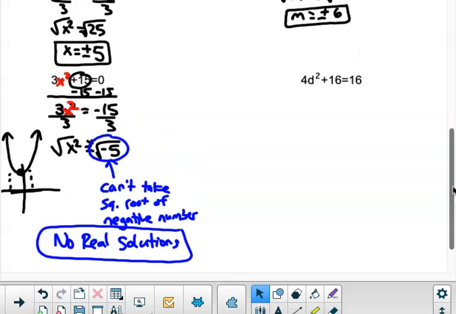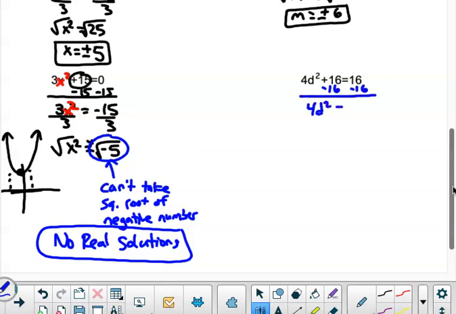Last one, let's get the d squared by itself, subtract both sides by 16, then you get 4d squared equals 0. You might think that that's a problem, but it's really not.